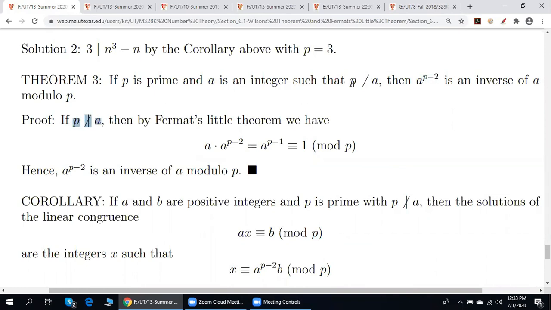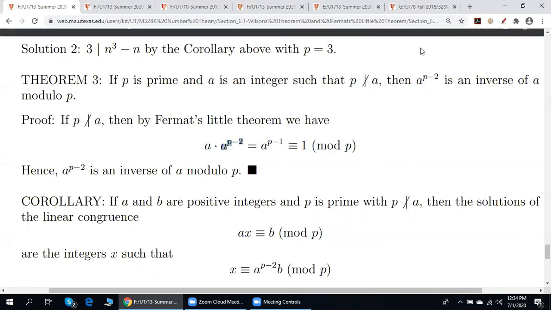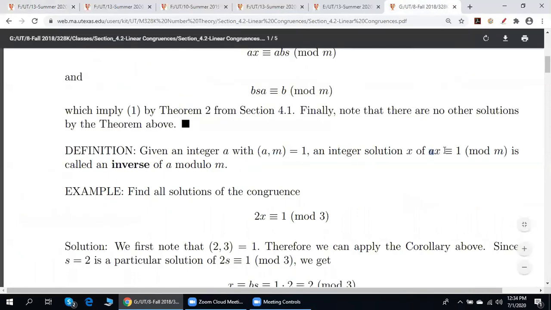Since P does not divide A, by Fermat's little theorem, we have the following: A to P minus 1 is congruent to 1 modulo P. Note that A to P minus 1 can be rewritten as A times A to P minus 2, which means A to P minus 2 is a solution of this congruence.